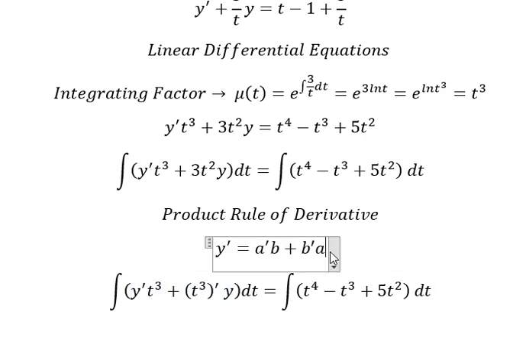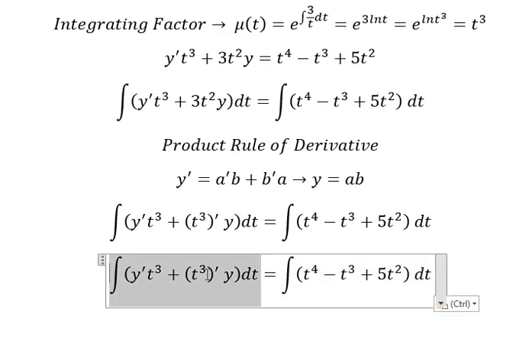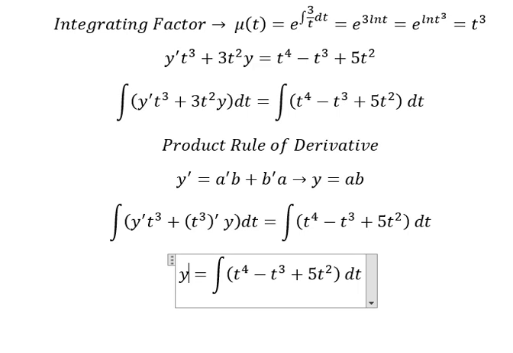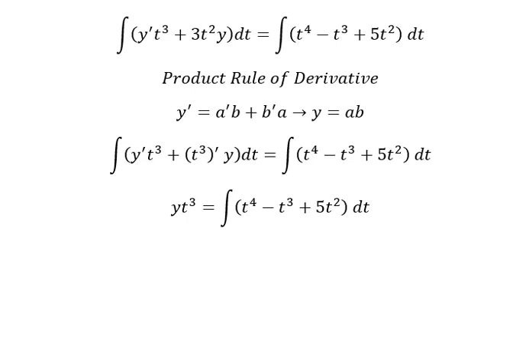So the integration of this one, we have y equals a b. So the integration of that one, we have y t to the power of 3. Now we have the formula in here.